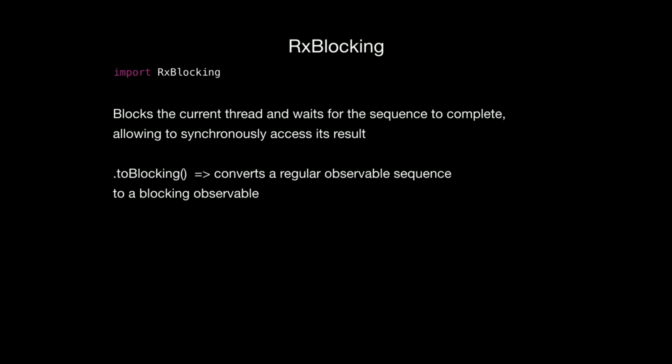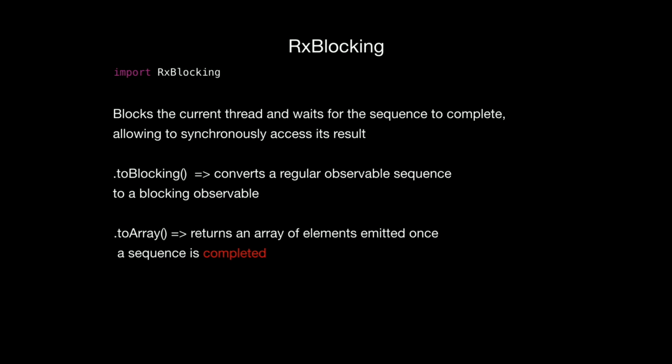By using the toBlocking operator, we convert a regular observable to a blocking observable. And by calling the toArray operator, we manage to get an array of the events emitted only if the sequence is completed. And the public subject doesn't work with RxBlocking, and there's a relevant GitHub issue about it.